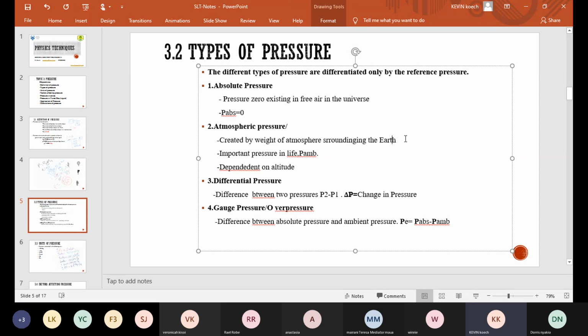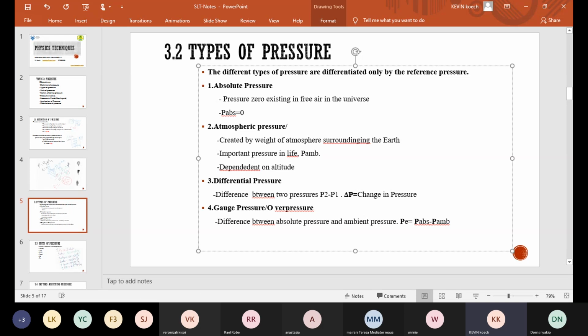It is the force exerted on the earth's surface by the weight of the atmosphere. So that's called atmospheric pressure, and it always acts downwards, almost the same as weight. This is important because it applies in real life situations. It can be exerted on a fluid or on a free body diagram.